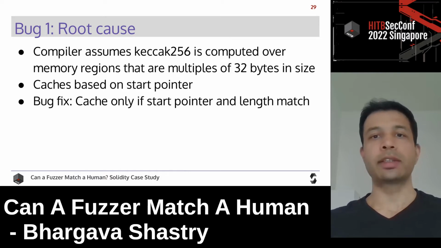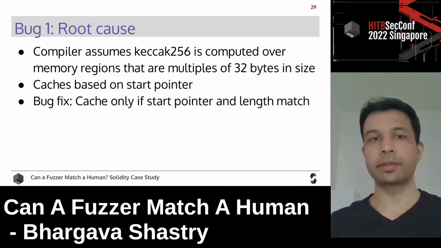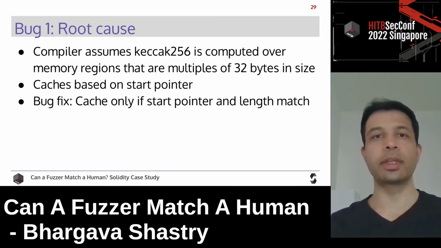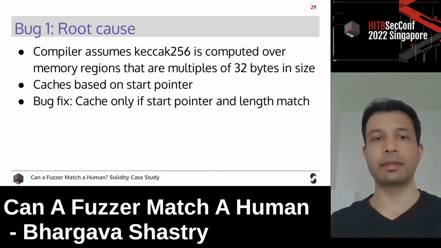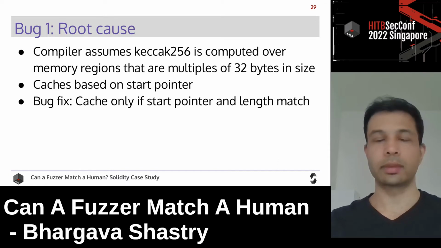It was to save gas because computing a keccak hash is resource intensive. So if it's already been computed and a subsequent computation can be guaranteed to be identical, it saves resources. But in this case, it turned out that that was at the cost of correct computation, which is the main job of the compiler, which is to produce correct code.